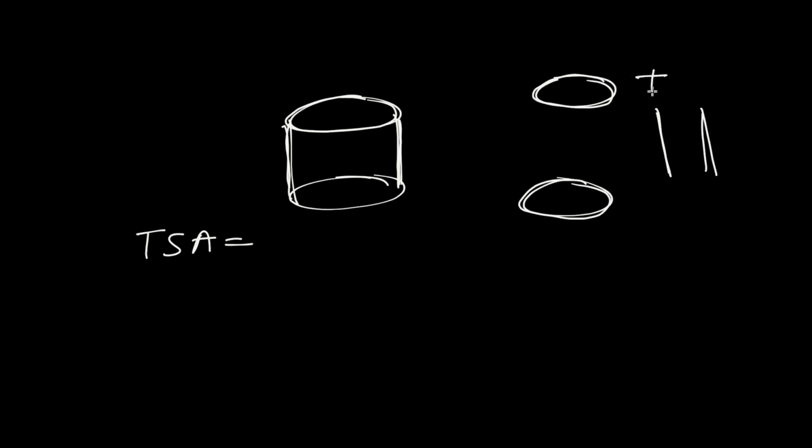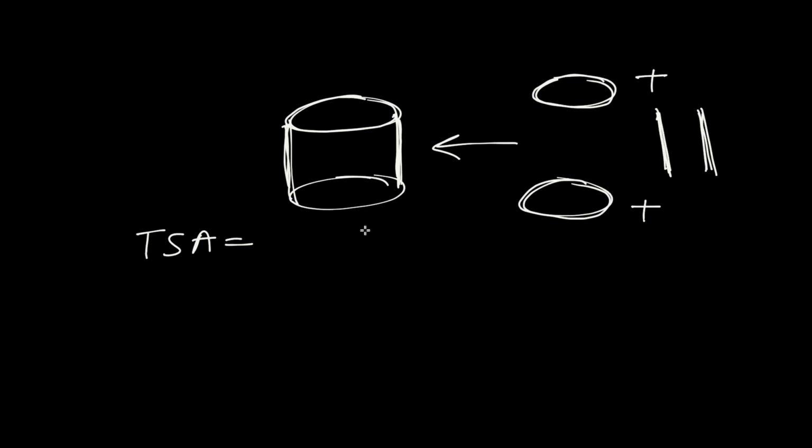If we add these three shapes, it is converted into a cylinder: the top circle, the bottom circle, and the side. Now, the total surface area is the summation of all these areas: two circles plus this side.